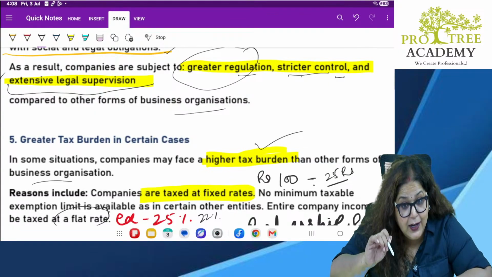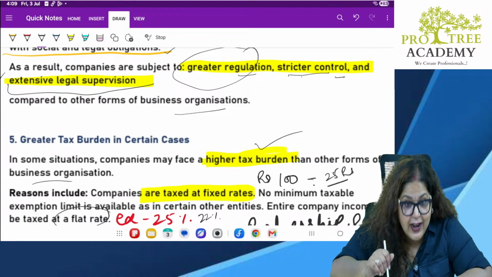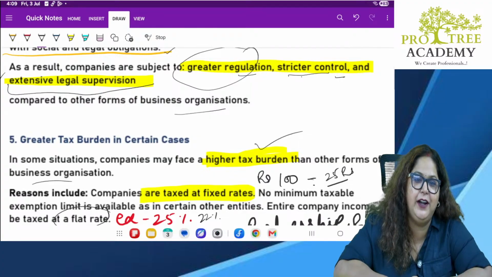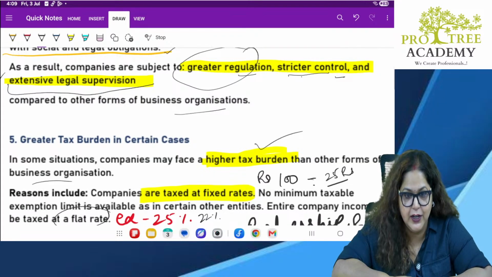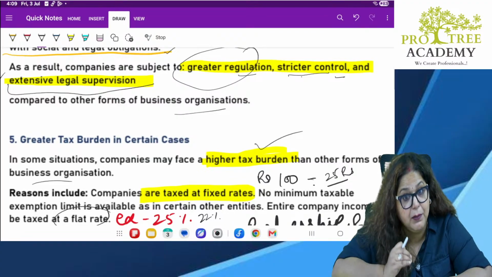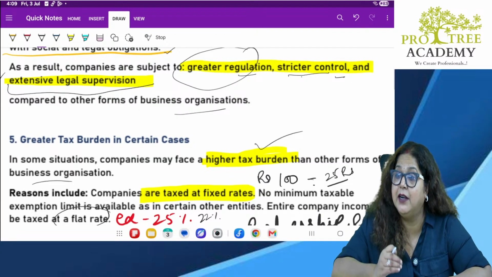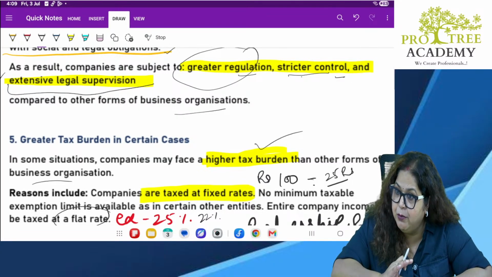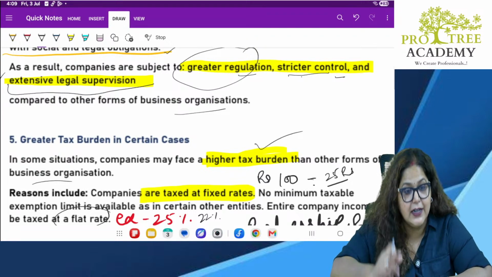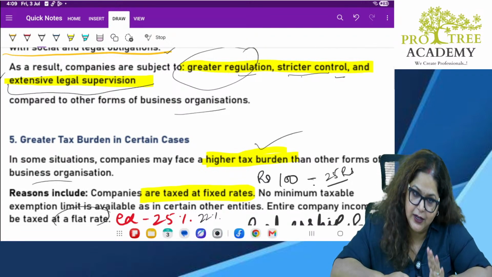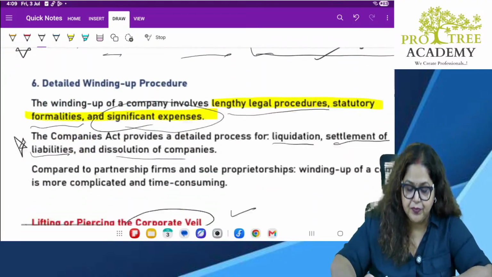And after that only, the need arises to lift the corporate veil. After that landmark case only, people started complaining that it is not only the company, but the people who are controlling this company. That's why it is the landmark case. Are you getting this?